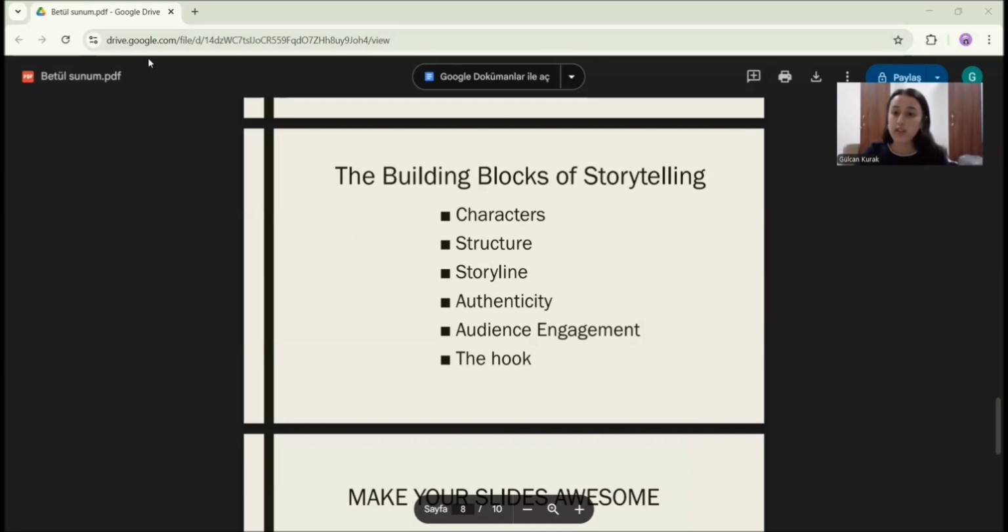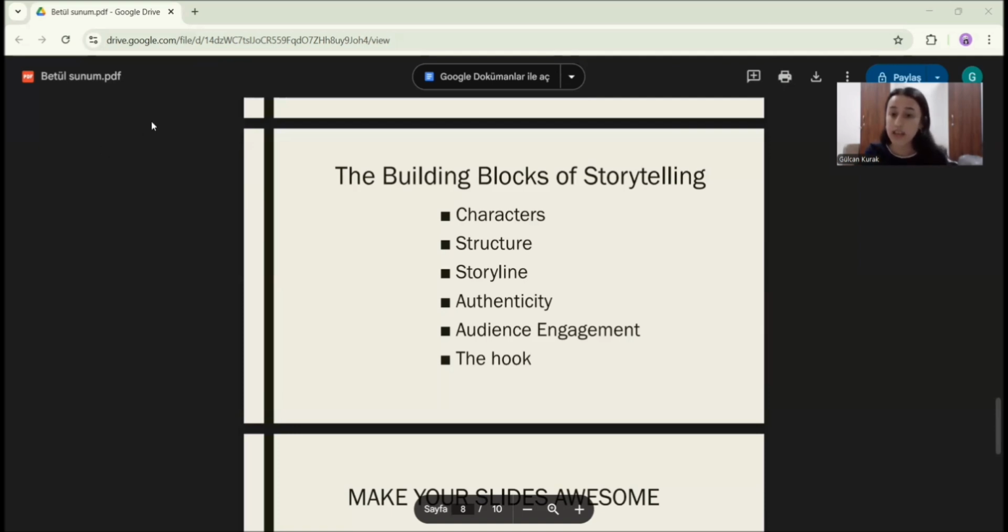And then we are going to look at authenticity. It's a connection between your characters and your audience. So it helps you to show your intention, and also it helps you to educate your audience, actually.